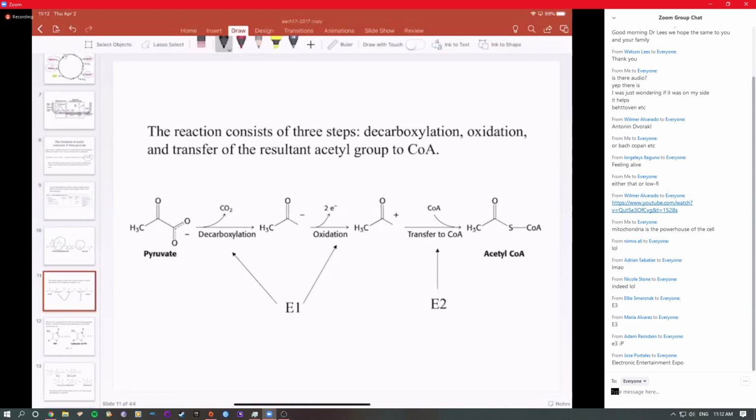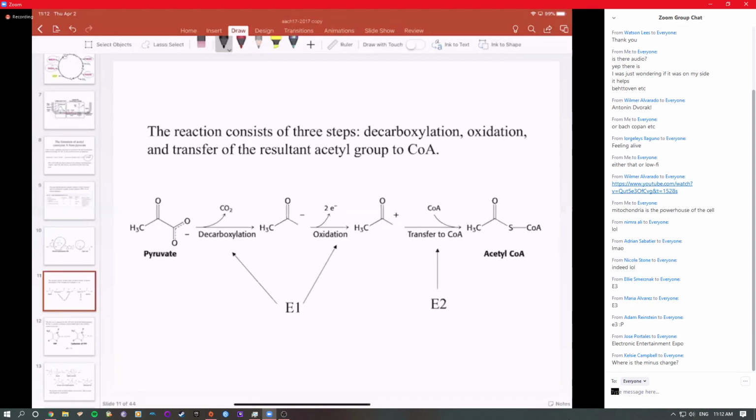You transfer those electrons over ultimately to NAD to make NADH, and you then get a positively charged acyl group, and then that can be transferred over to CoA. The first two steps are done on E1. The last step is done on E2, and we'll go into exactly how those steps take place. Where is the minus charge? The minus charge is in theory on this carbon here.